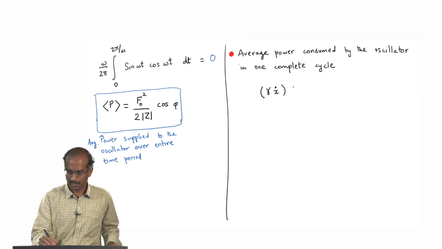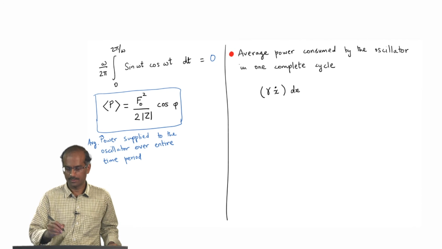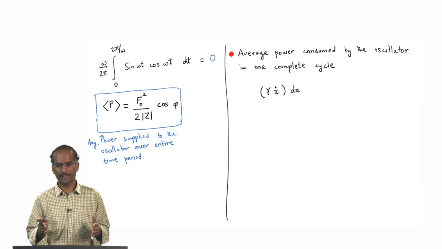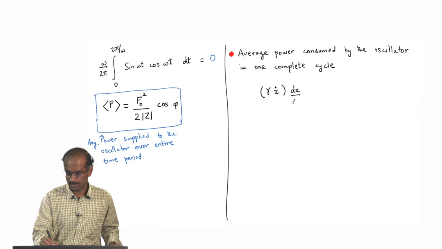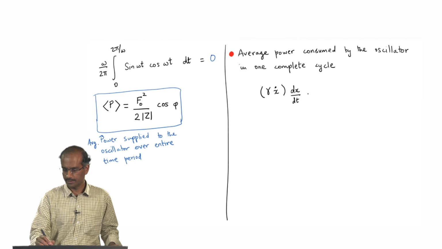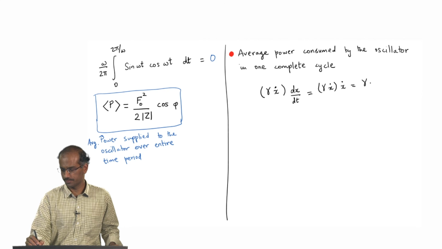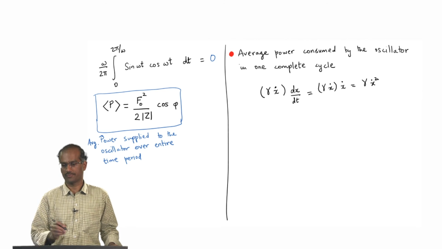More correctly, work done would be simply frictional force multiplied by dx, and of course, we want to know the rate of doing work, hence it is dx by dt. So, this would be gamma x dot multiplied by x dot, which is equal to gamma x dot square.